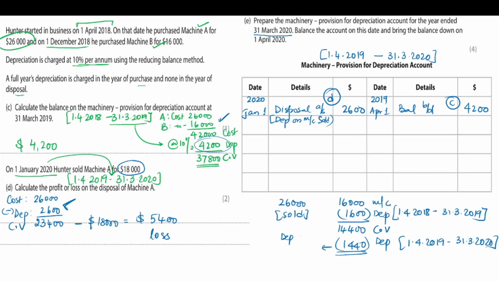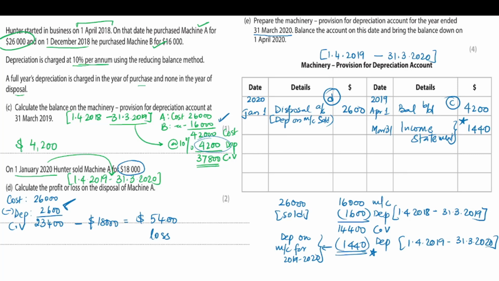Depreciation to be charged on machine for 2019 to 2020. This is what they're asking. So this is what I will take. I'll put a star here. And this we will write here, income statement. And this would be on March 31st. And this is 1,440. I'll put a star here.